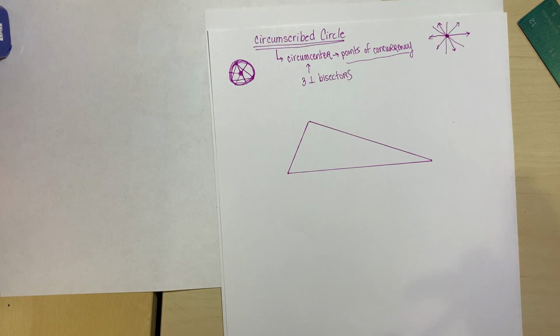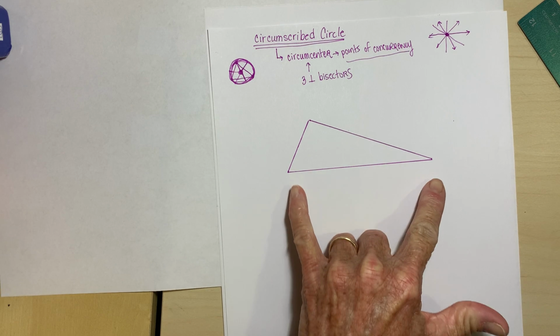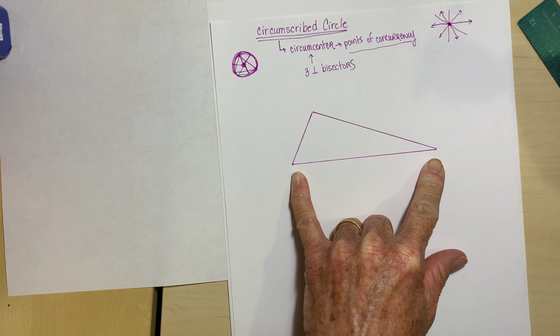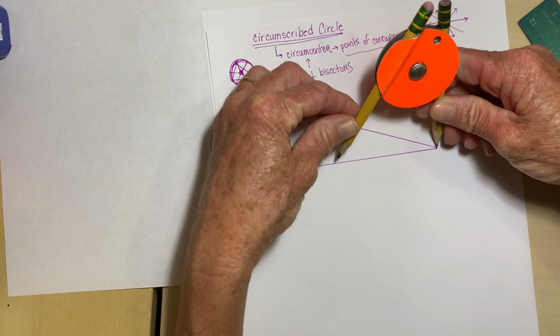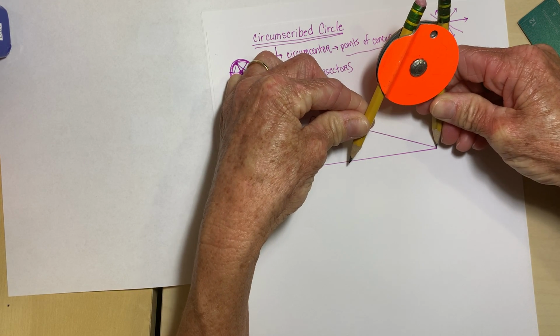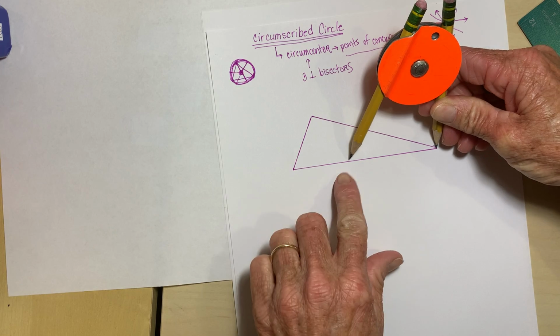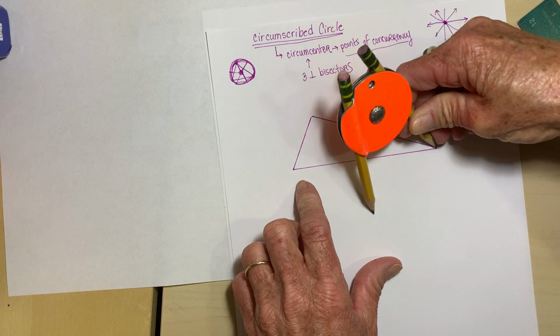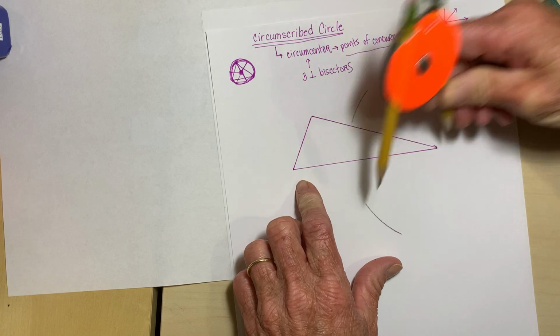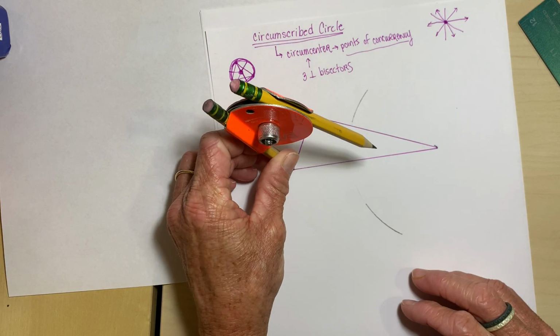All right, the circumcenter is formed by the 3 perpendicular bisectors of the sides of the triangle. So we need to construct perpendicular bisectors. And I'm going to start with this bottom side, the longest side. So remember, to construct a perpendicular bisector, you need your compass open greater than half the length of the segment, and you're going to swing arcs above and below the segment from each of the 2 endpoints.